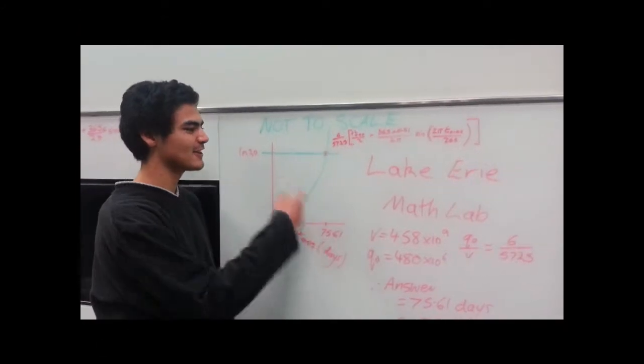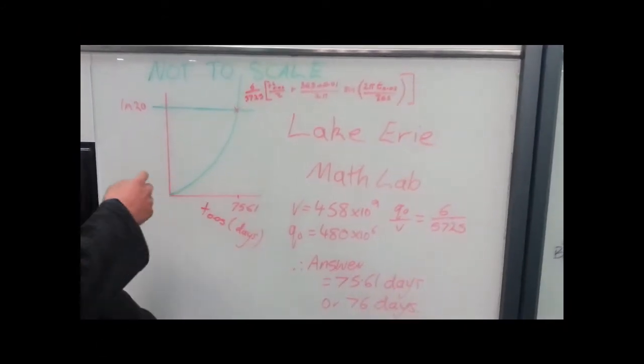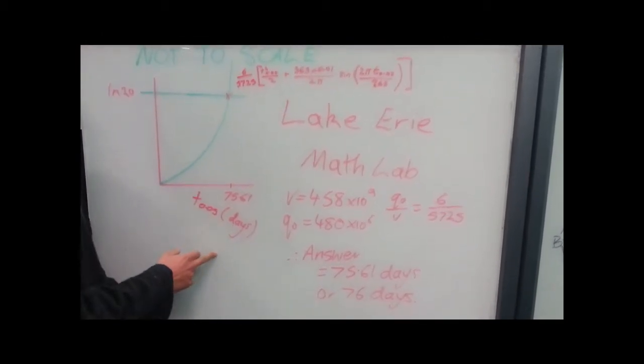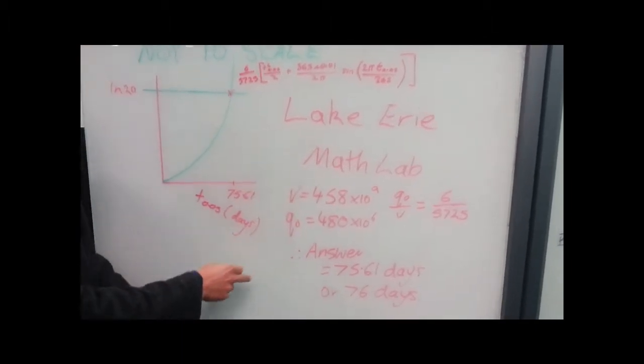Alright, so here we're doing question 7a. What we're doing is essentially using the last equation in question 6 to figure out the amount of days for Lake Erie to reach 5% pollution.